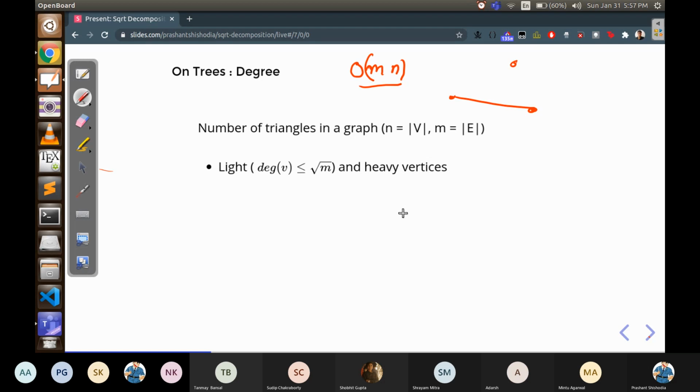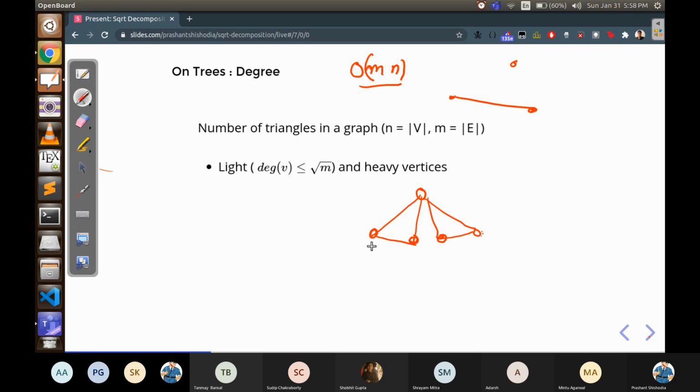Whenever you are considering a vertex, if it has very few neighbors, you can just brute force over all pairs in its neighbors and find if they are connected. So if the degree is small enough, then I can do it by brute force.